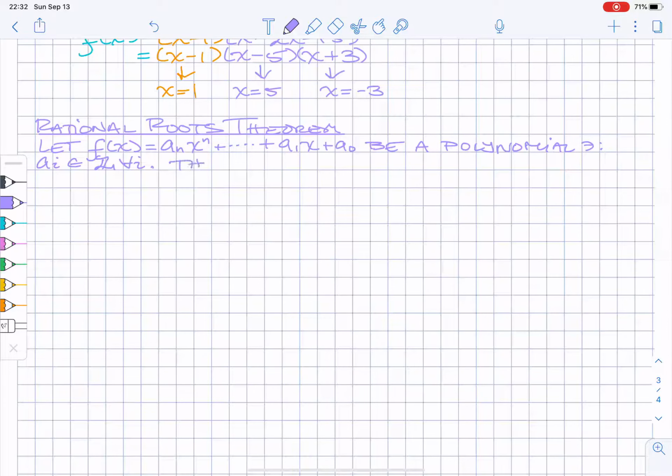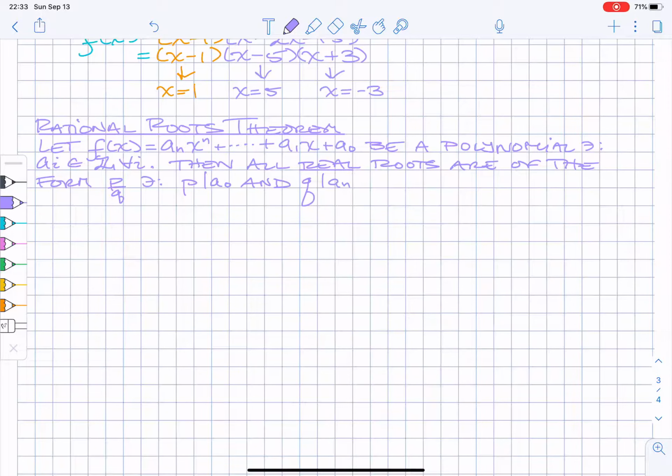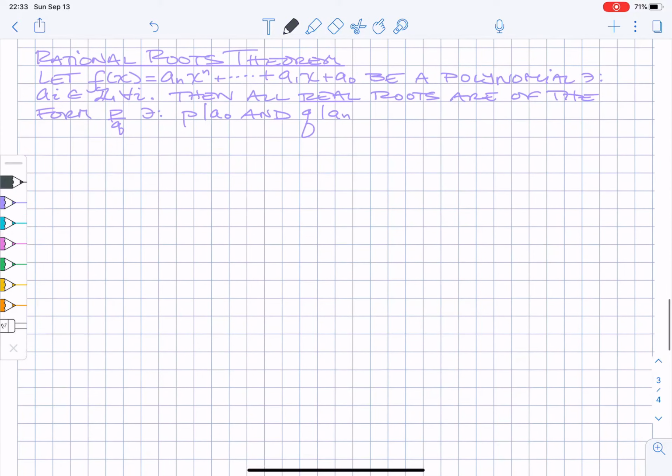Then all real roots, not complex, but real roots, are of the form p over q, such that p divides a sub 0, and q divides a sub n. So this is best shown by example.